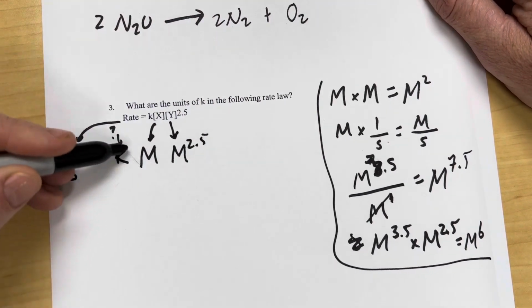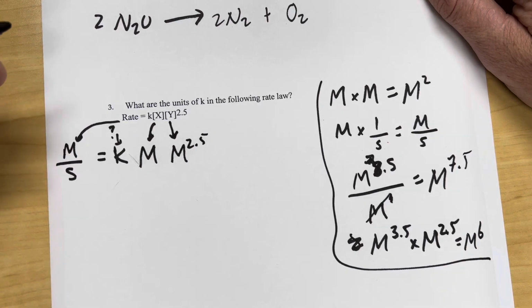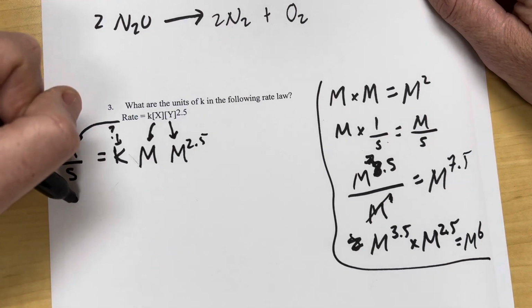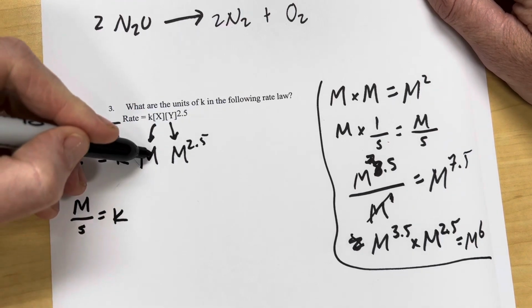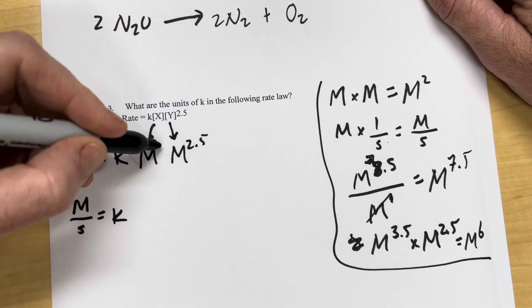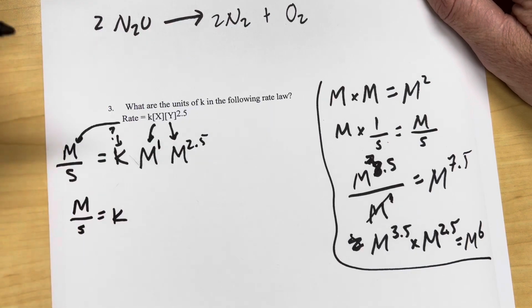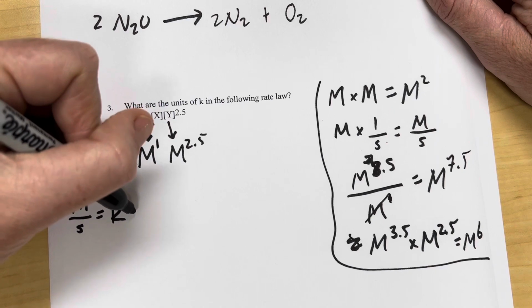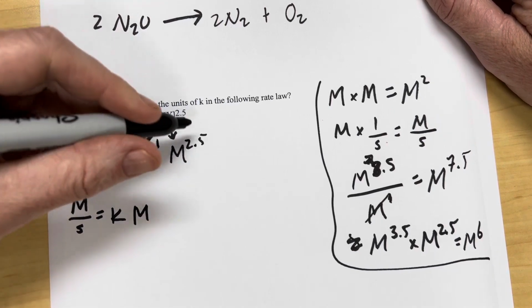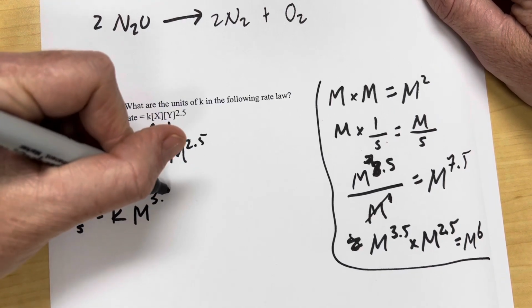We're going to get k alone, and we're going to see what we're left with. So the first step I'll do, let's make sure we take our time on this one, is to multiply that times that. Remember, when you multiply exponents, you add them. This doesn't have it written, but it's a 1. So an M times an M to the 2.5 is equal to M to the 1 plus 2.5, which would be 3.5.